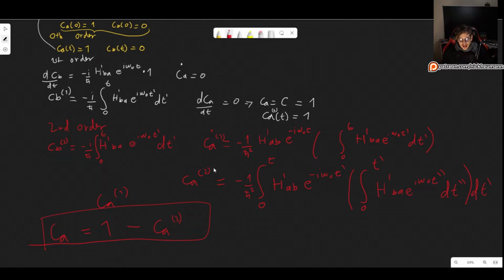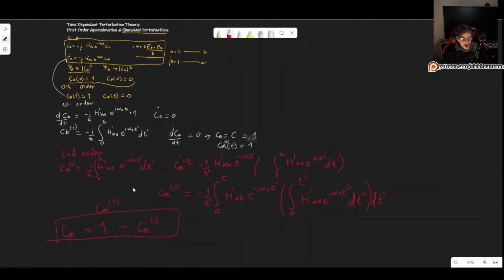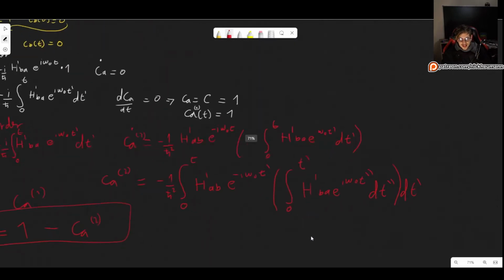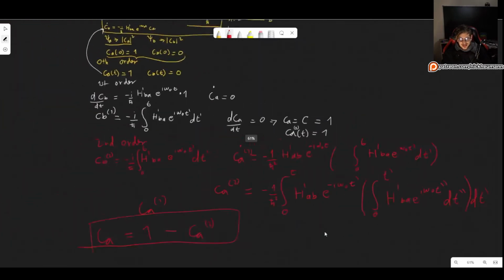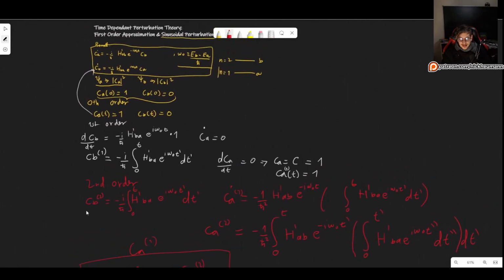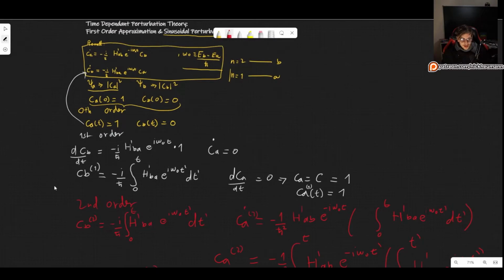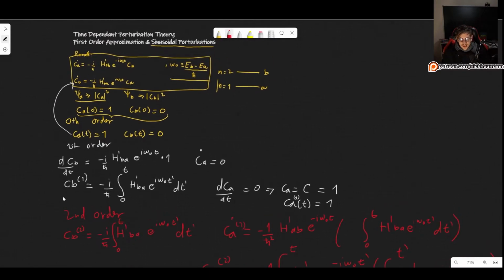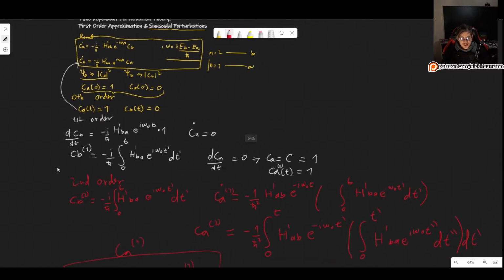As you can see, this is the way to go about it. You could go to third order if you want, but it begins to get a bit more complicated, and honestly, we don't really need that precision all the time. First order tends to be good enough. You can also notice that CA and CB take turns staying the same: CA stayed the same from 0th to first order and CB changed, and then CB stayed the same while CA changed.